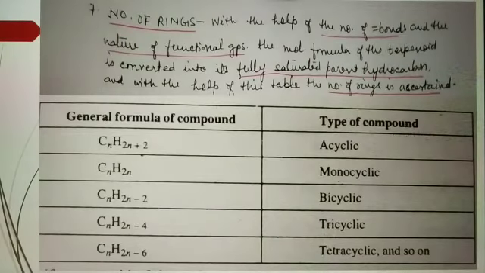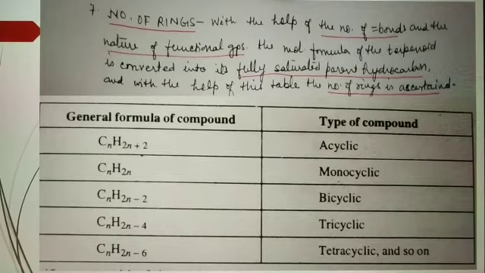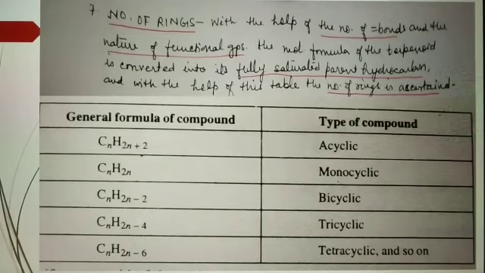Now we come to the number of rings present in the terpenoid. Up till now we have studied the presence and number of double bonds. We have established the functional nature of oxygen atoms, so we know the functional group present in the terpenoid molecule.